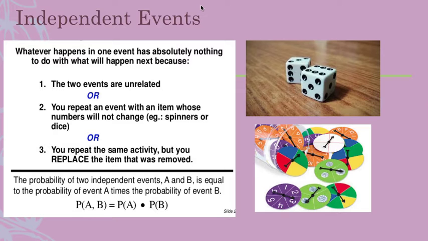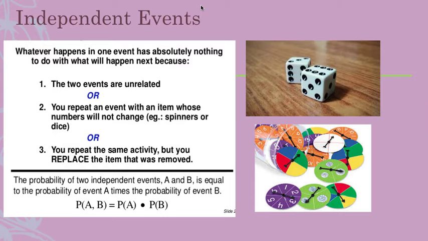It's also very important to understand the difference between independent events and dependent events. So in an independent event, whatever happens in one event has absolutely nothing to do with what will happen next. There are several reasons where this can occur.